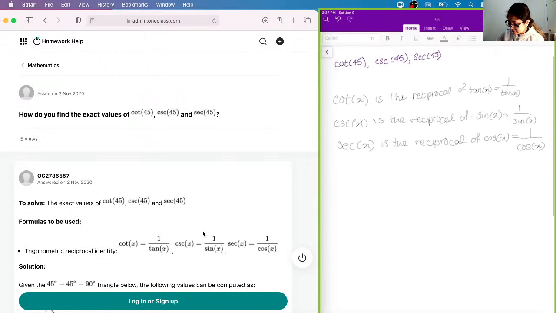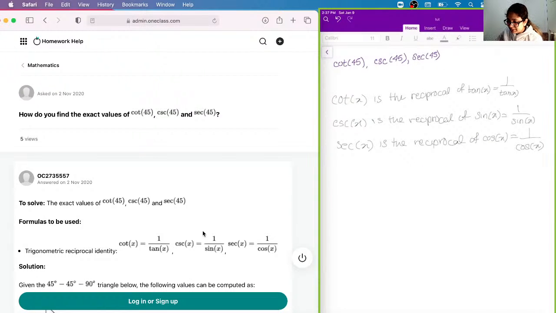So keeping these properties in mind, the solution would be to draw out a triangle. Since we're dealing with 45 degrees, you know that this is a special triangle.